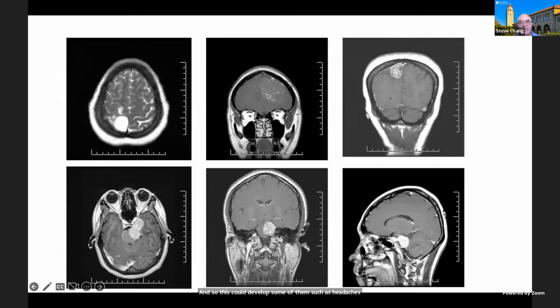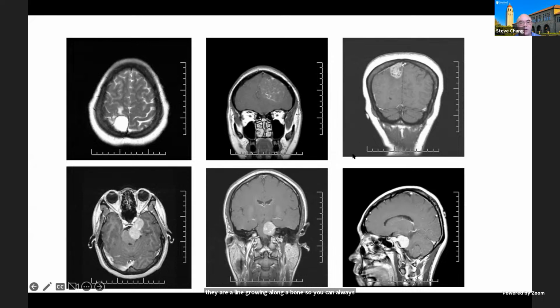A couple more images. Again, meningiomas can have all different forms of shapes and appearances, but typically they have a couple of common elements. The first is they are growing along a bone, so you can almost always find a bone edge where a meningioma grows along.